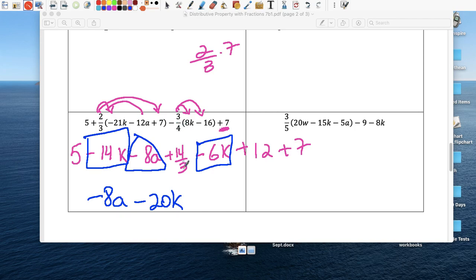So let me just change 14 over 3 to 4 and 2/3. Okay. So now I can add 5 plus 12, which is 17, plus 7, which is 24. 24 plus this 4 here can be 28 and 2/3 if we add them all.